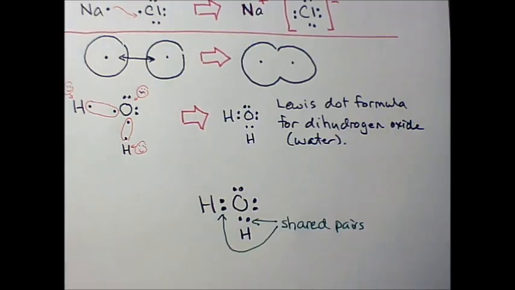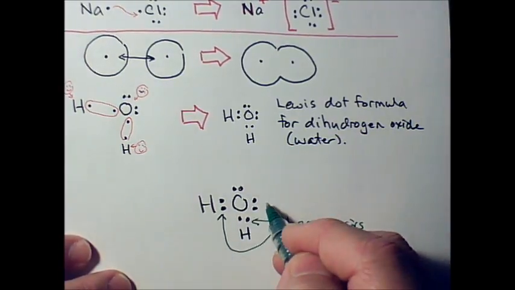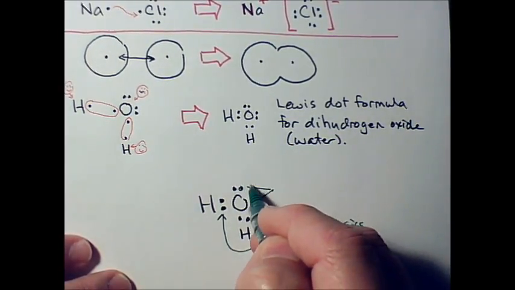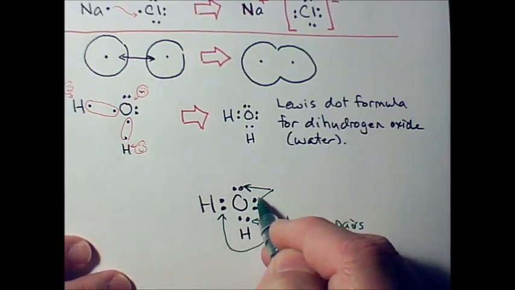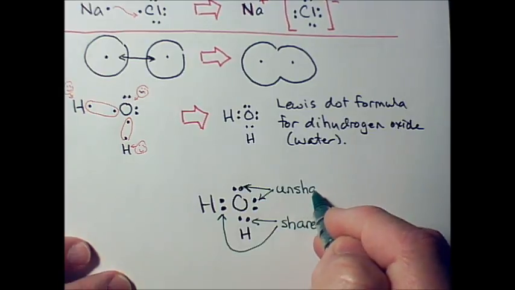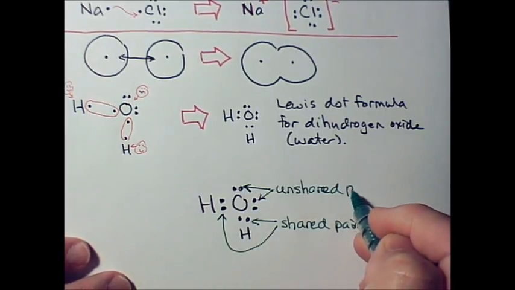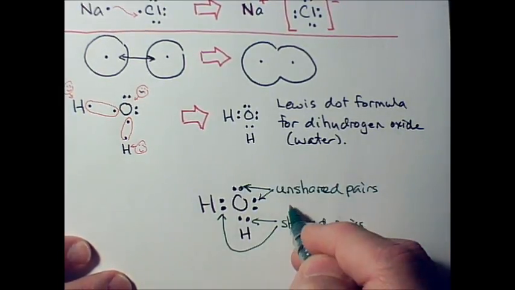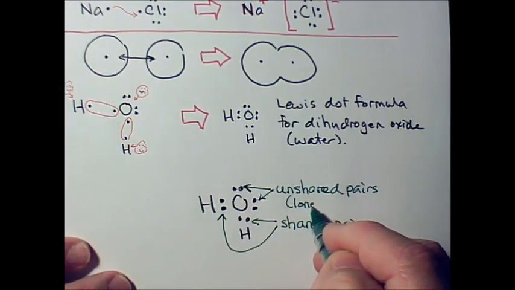Shared pairs. These electrons here and here are unshared pairs. There's another name for them, lone pairs.